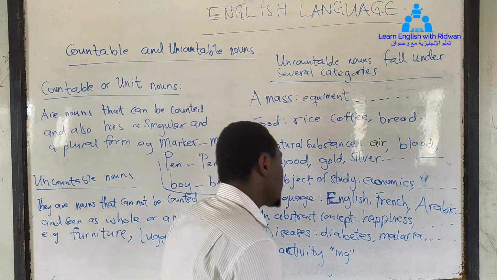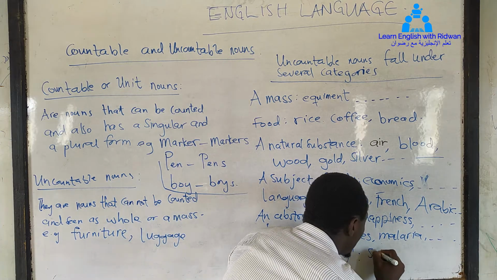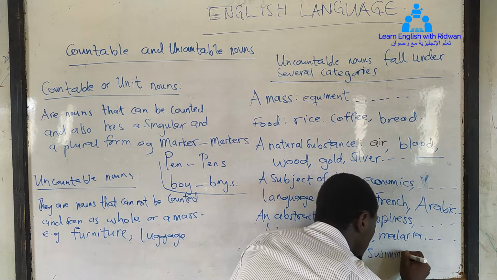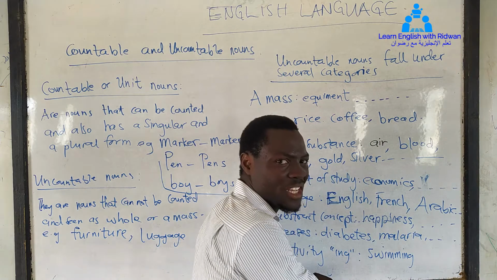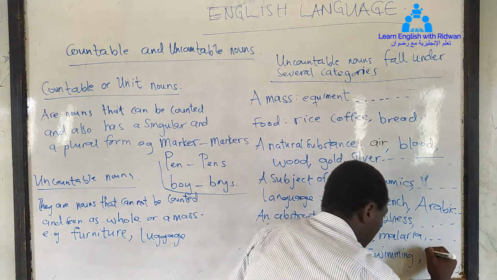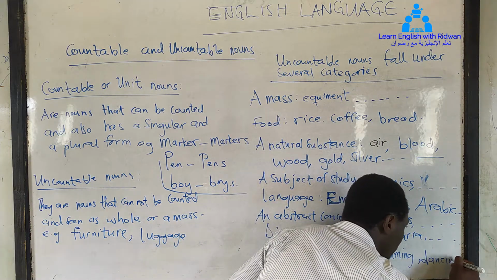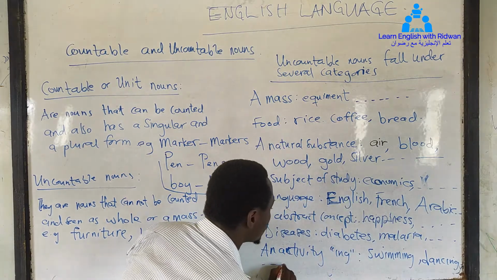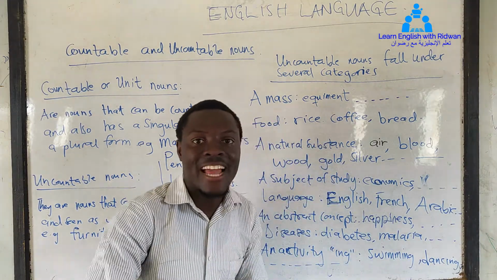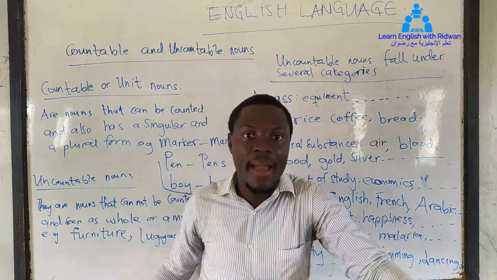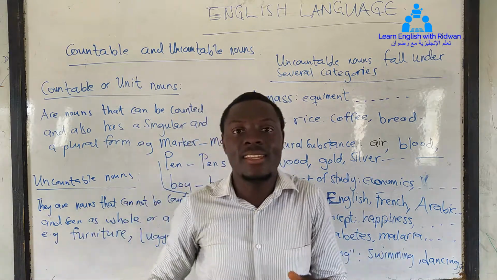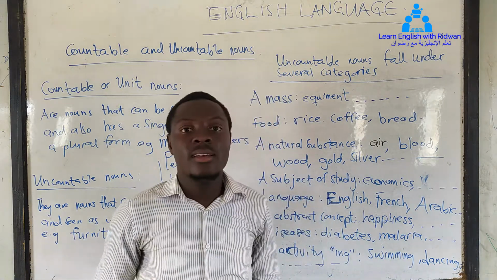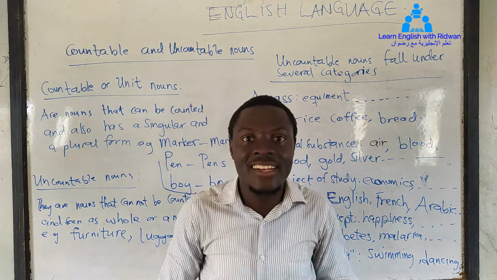So a word like what? Swimming. I don't want to mention everything here. So swimming. Okay, let me write this one. Dancing, and so on and so forth. So swimming, dancing, reading, eating, running, drinking.